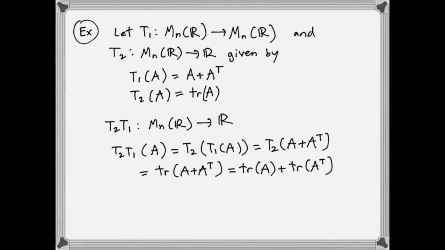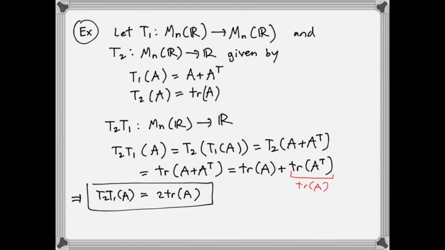Because the diagonals stay the same, don't they? So this is actually the same as 2 times the trace of A. So what we have found is that T2 T1 of A is equal to 2 times the trace of A.